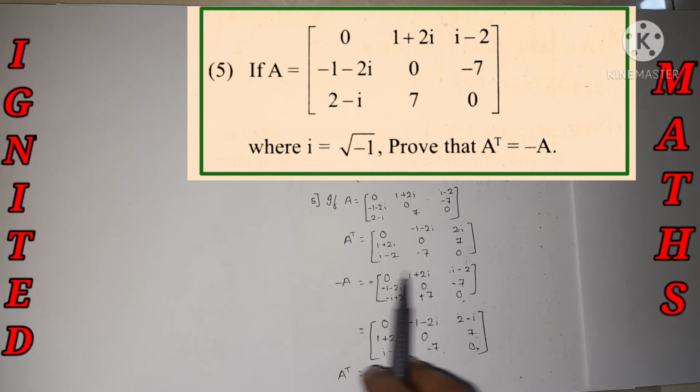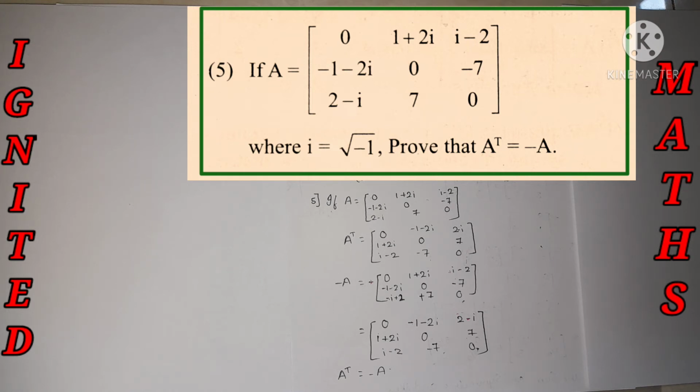Over here minus 7, minus into minus is plus 7. One more: minus i plus 2, minus into minus is plus i, and minus into plus 2 is minus 2. Yes, so this is how we need to find the value of minus of the matrices.